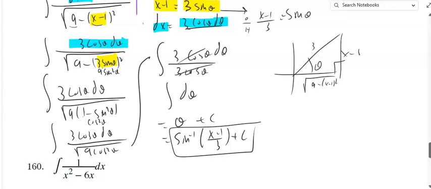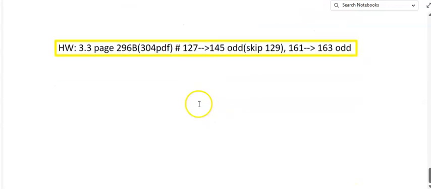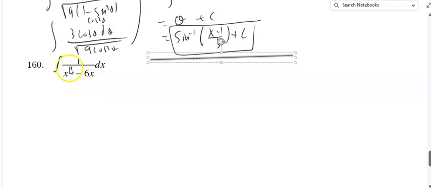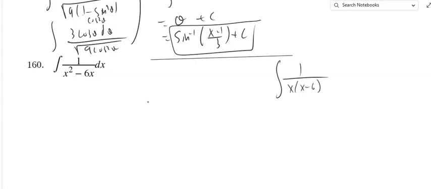Just saying. And one more problem to go. I believe that's the last one. Yes. When we get to partial fraction decomposition, there's an easy way around doing this. That is, you say, look, that's the integral of 1 over x times x minus 6, and you would say this is a over x plus b over x minus 6. Figure out a and b and go from there. But for now, we don't know about that.